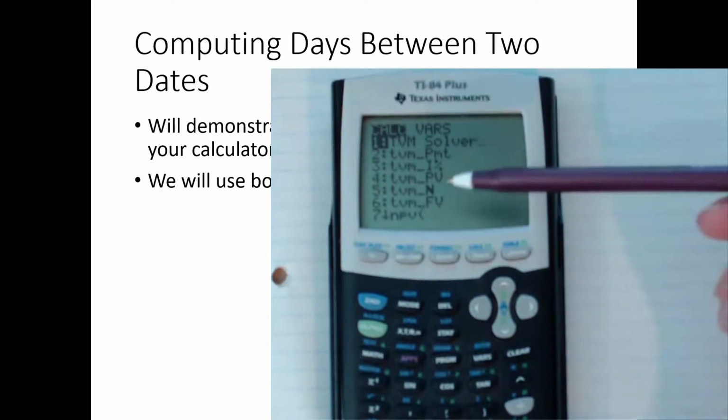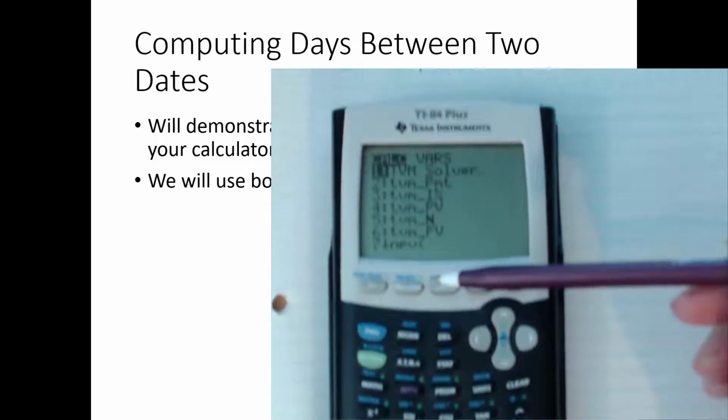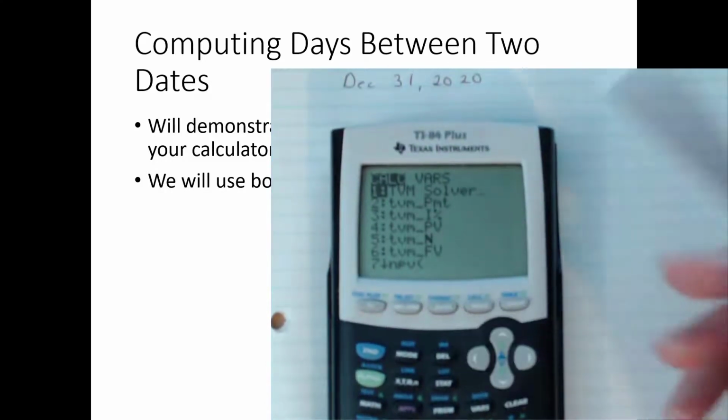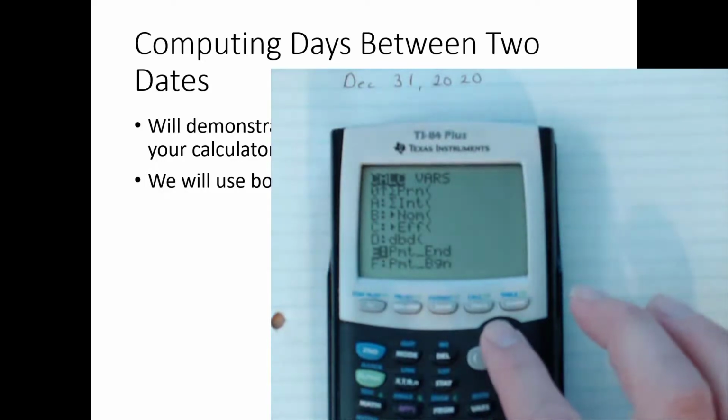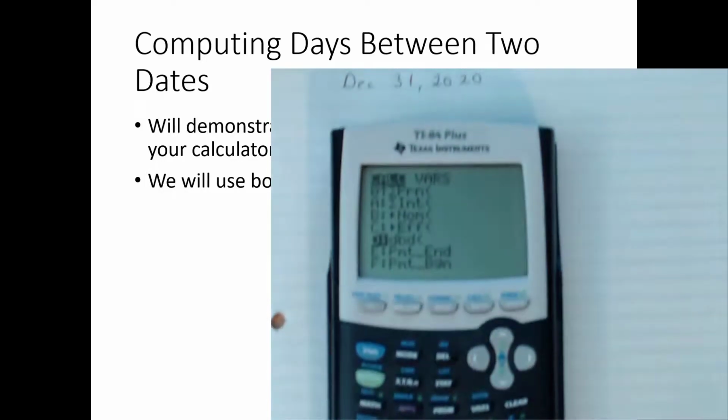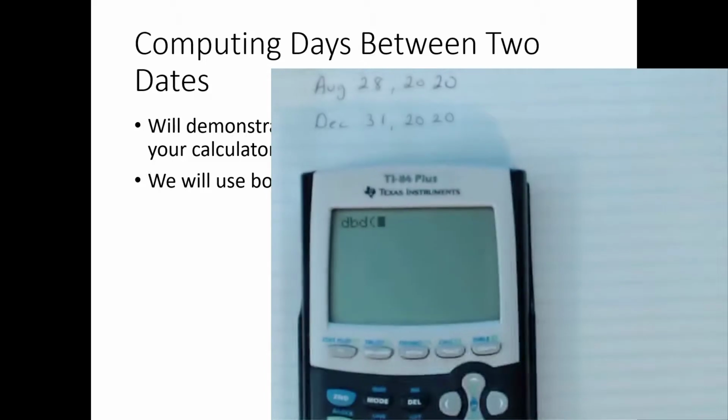Then I have a whole bunch of choices on the screen. I'm going to scroll up. I'm looking for DBD, Delta Bravo Delta. So I scroll up and I see on point D, DBD, Delta Bravo Delta.